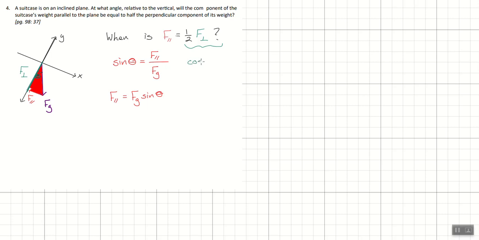So what I think I could do is cosine of theta is equal to the adjacent on this triangle, which is the force perpendicular, over the hypotenuse once again, which is still the force of gravity. We can solve this for F perpendicular and then start to solve this equation. There's a little bit more math than we've covered in here, but I think you've seen enough trig in your day to work this out.